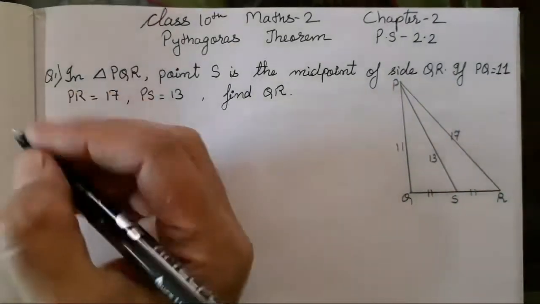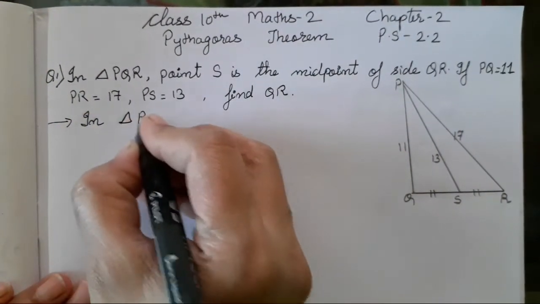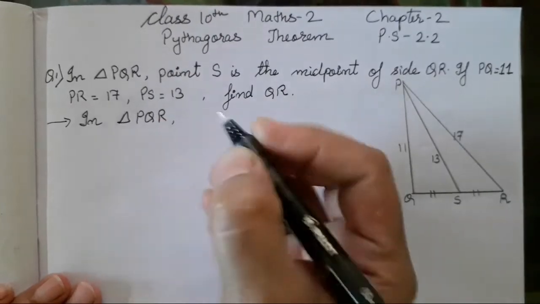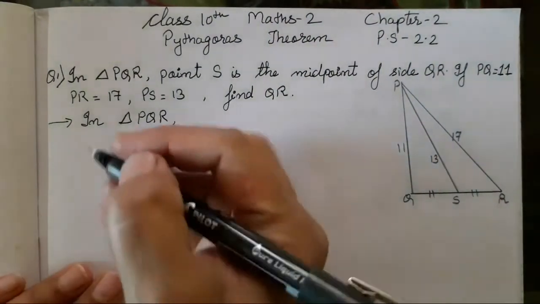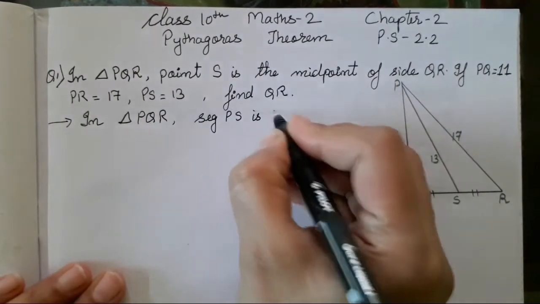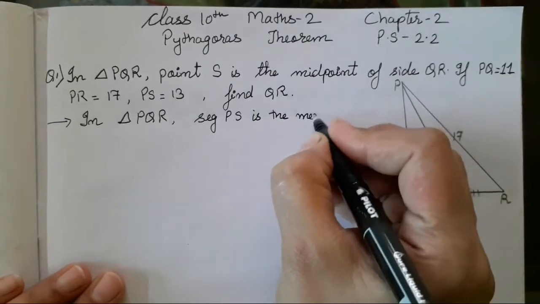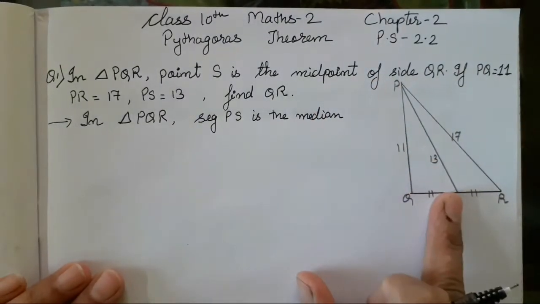Okay, so for this the solution is going to be: in triangle PQR, whatever is given, from there only we will get a clue. So segment PS is the median, isn't it?